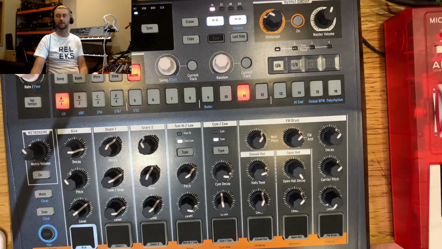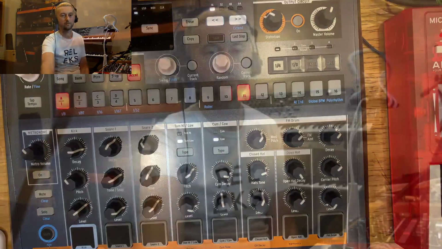Question 5: can it be run off an external battery like the Microfreak? This is a good question because I do get this asked quite a lot, and the answer is no, because it's fully analog. It needs a 12-volt power supply. It's analog circuitry.